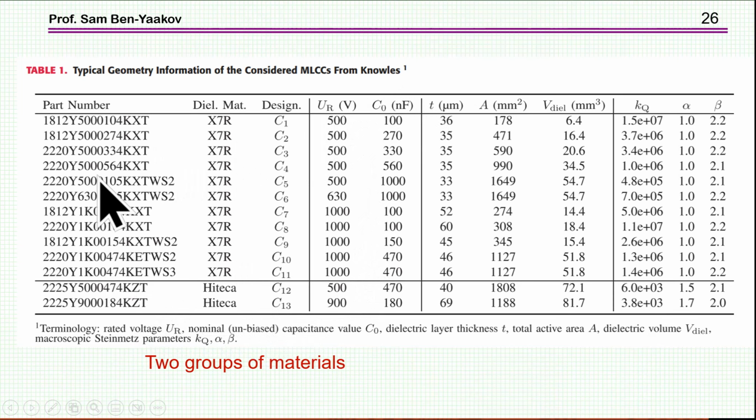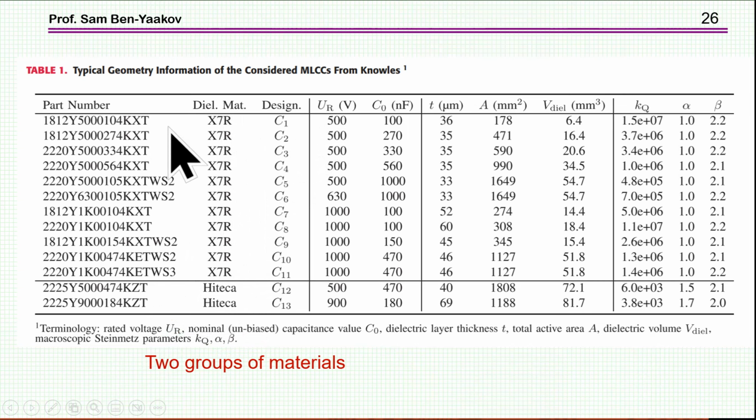two groups of capacitors. These are capacitors, okay, these are the sizes, etc. And here we have the X7R group, and then we have the other group, Highteka, which is a proprietary material of Knowles. So we have two groups here.